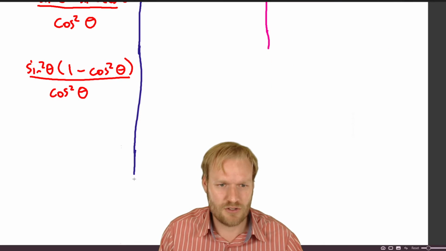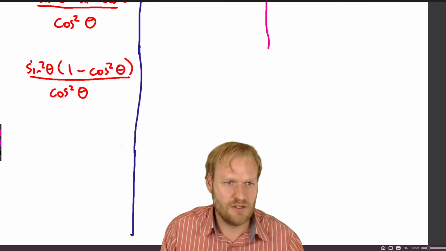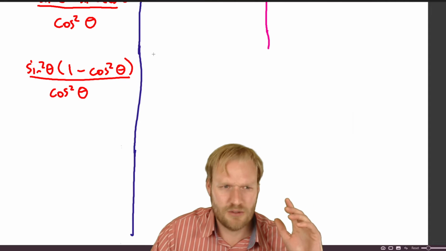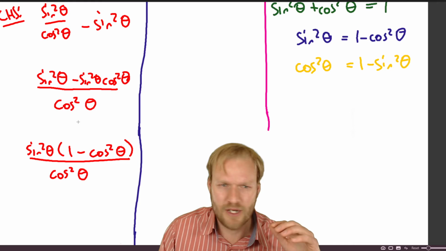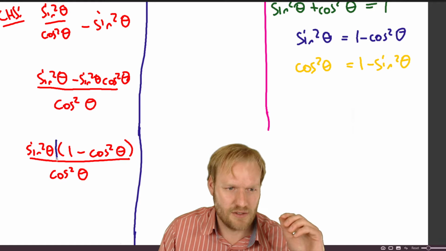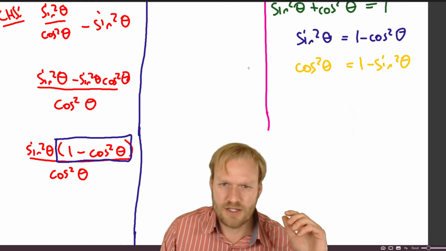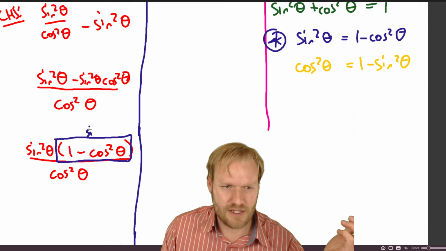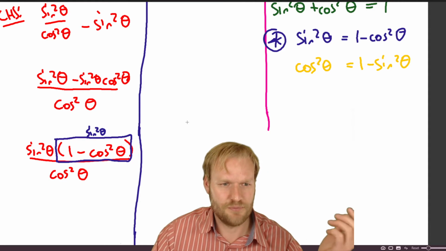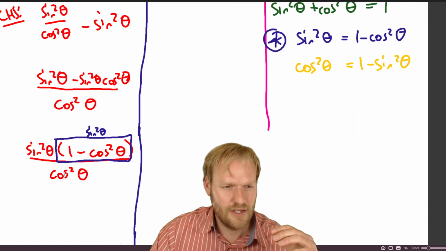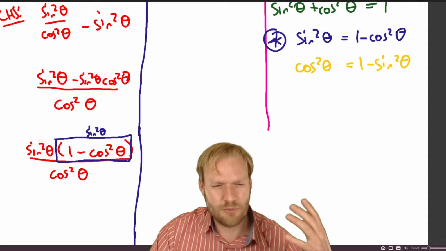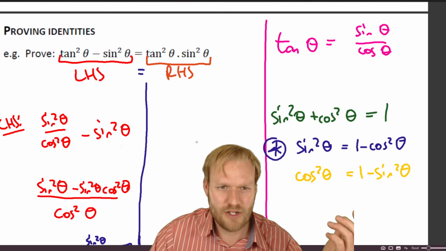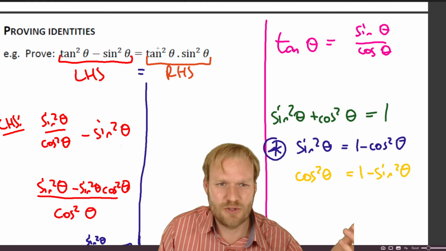Let's pause for a second and go, whoa, this part here, 1 minus cos squared theta, doesn't it look like one of the things we wrote down? We could write this as sine squared theta. It helps to see where we're trying to get to: tan squared theta, sine squared theta.